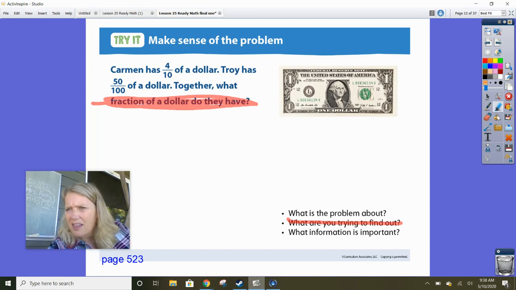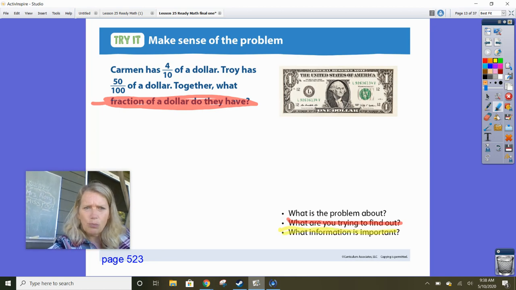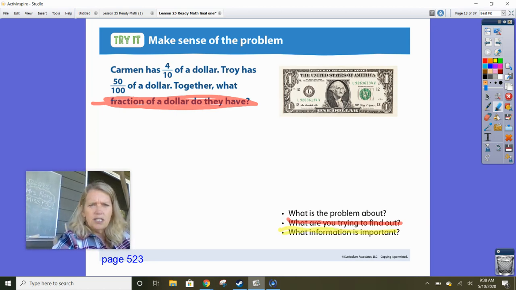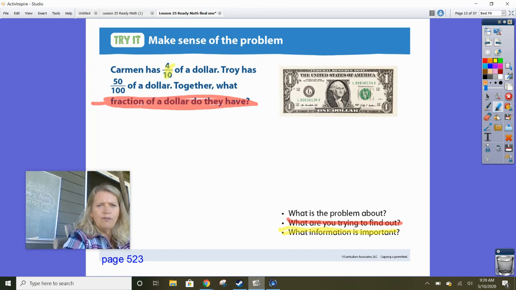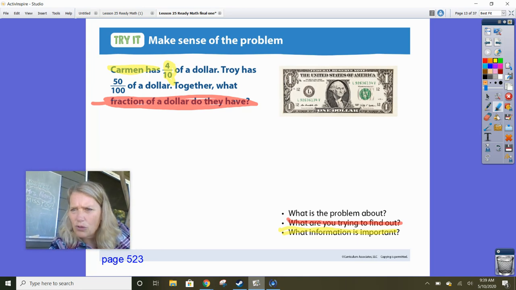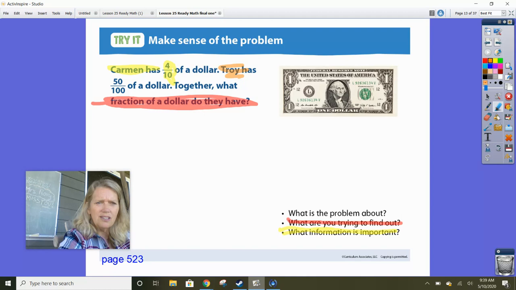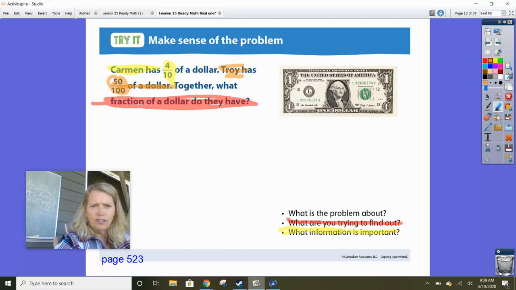All right. And then the third read, what information is important? Carmen has 4/10 of a dollar. Troy has 50 hundredths of a dollar. Together, what fraction do they have? So we got 4/10 for Carmen. And then let's put Troy in a different color. Troy has 50 hundredths of a dollar. It is important that it's of a dollar.